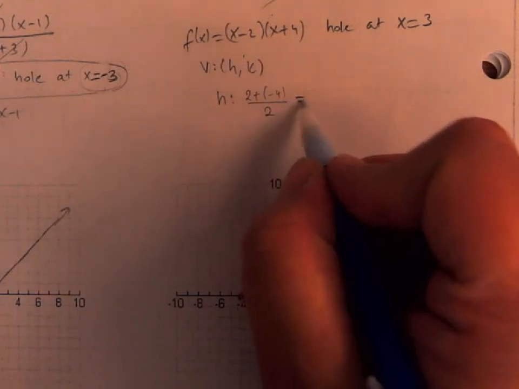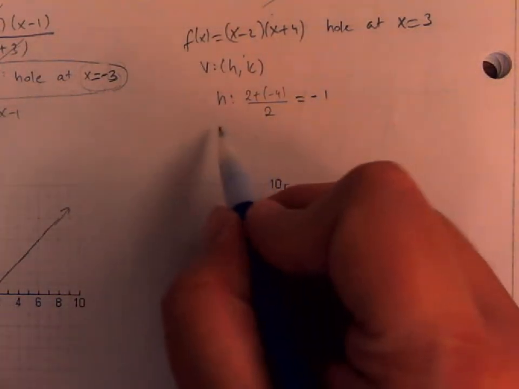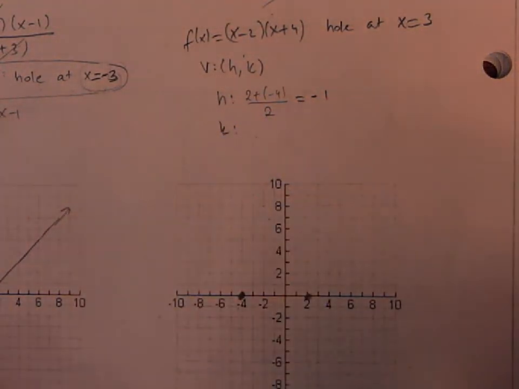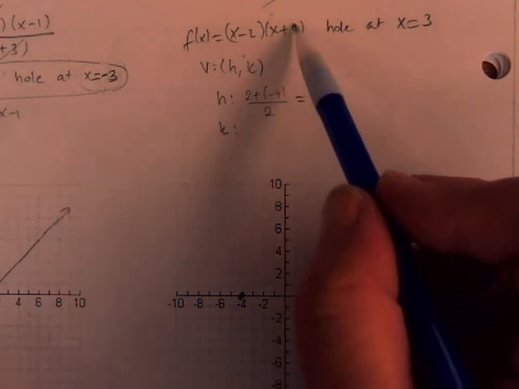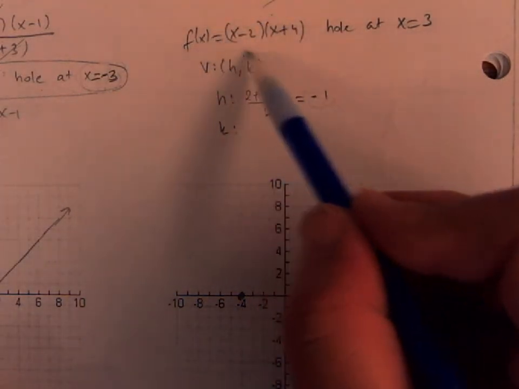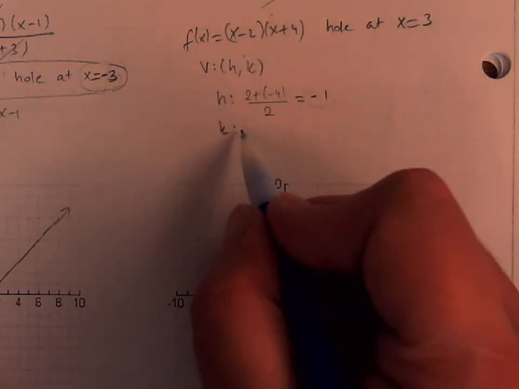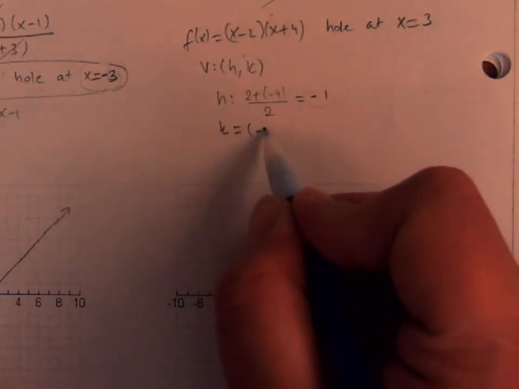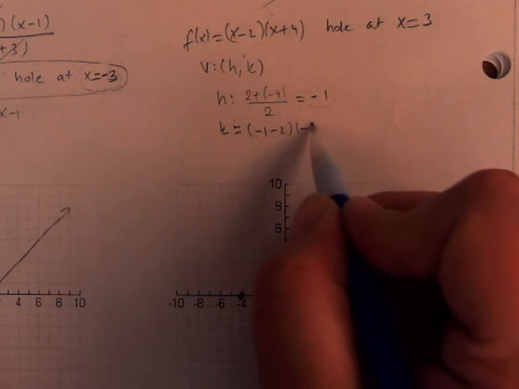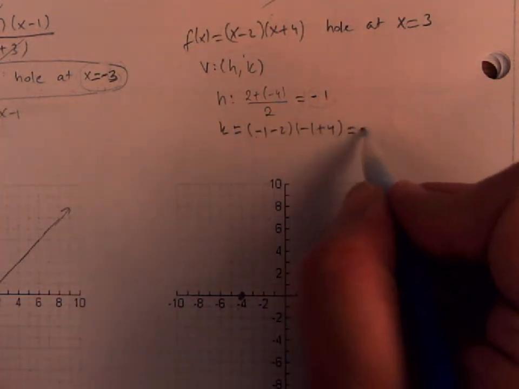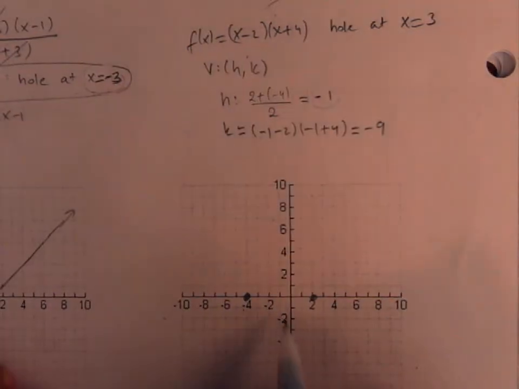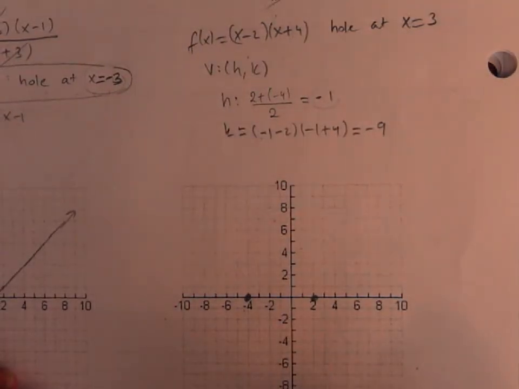And then you get -1. To get the y-coordinate of the vertex, you take that x-coordinate and sub it into this function. So if you sub in, what do you get? -1 minus 2, -1 plus 4, -3 times 3, which is -9. So the vertex is (-1, -9).